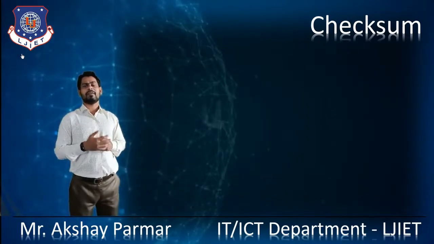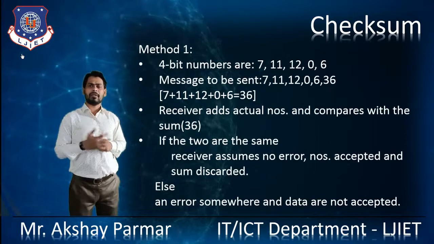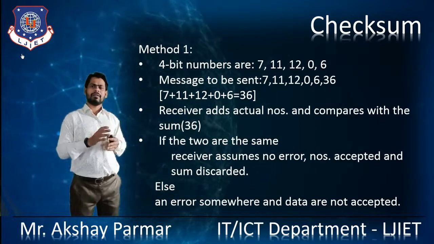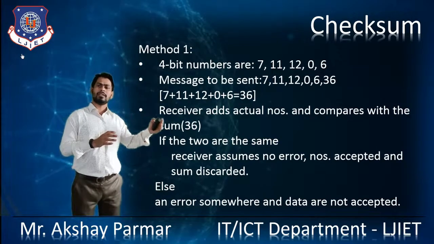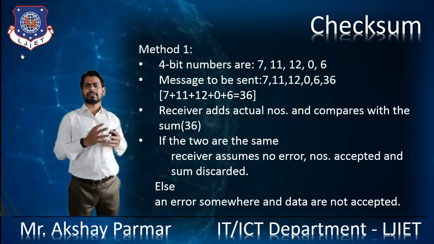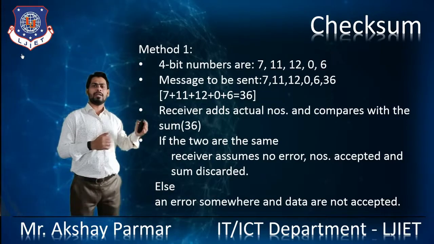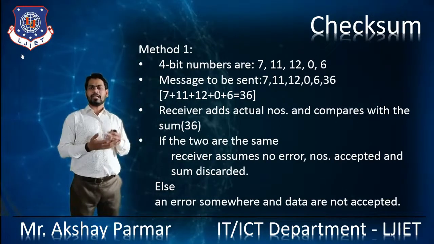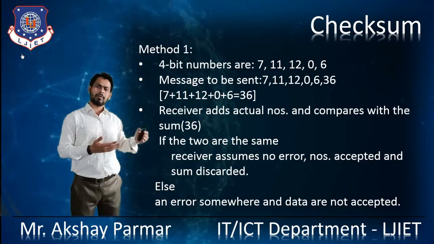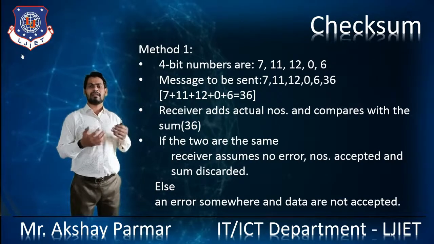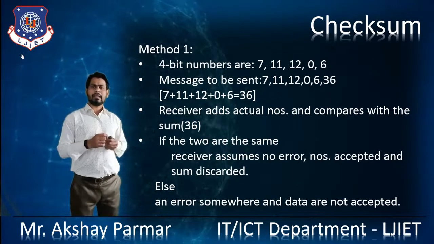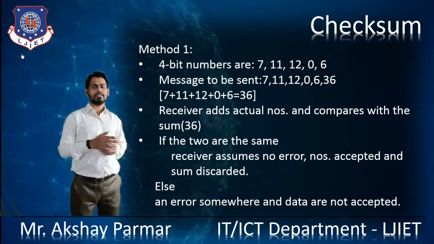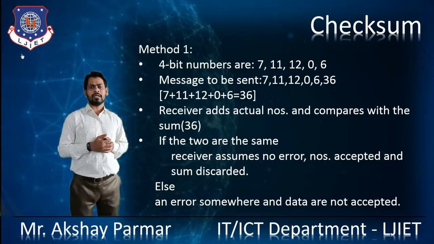Let's see it with two examples. First, method number 1. The 4-bit numbers are 7, 11, 12, 0 and 6. The message to be sent is 7, 11, 12, 0 and 6, along with the sum of them: 7 plus 11 plus 12 plus 6 plus 0 is 36. At the receiver, it adds the actual numbers and compares with the sum 36 that was sent along with them.